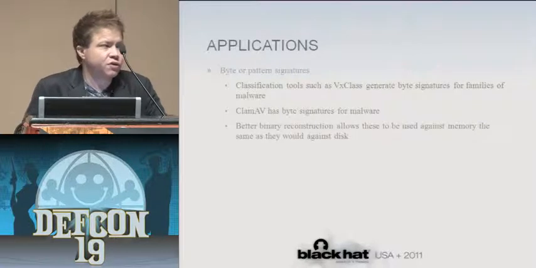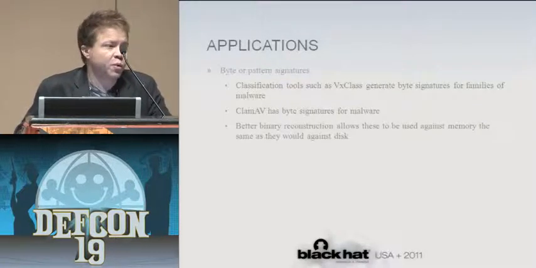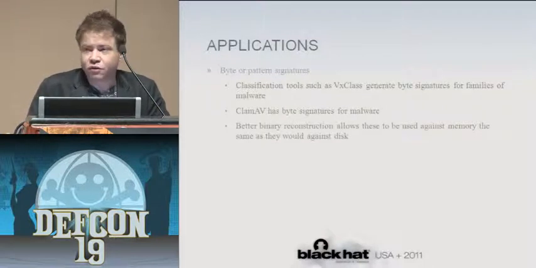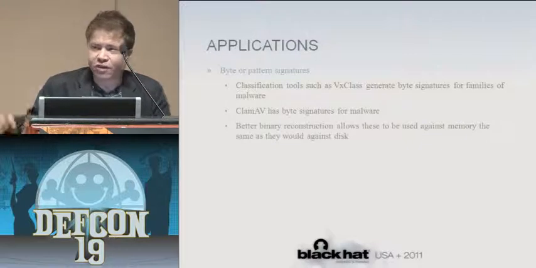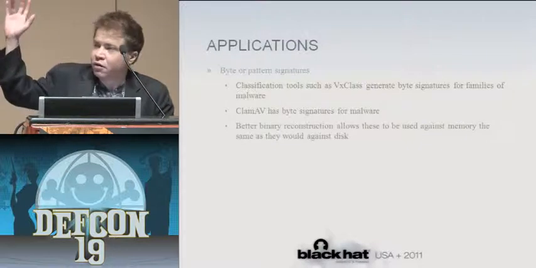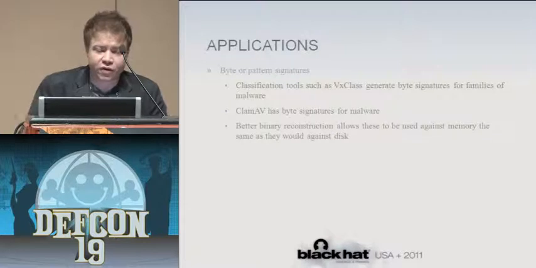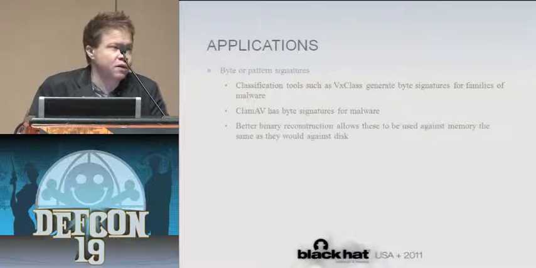We could use this to search memory, and it was fun, but we got some false negatives. By utilizing the image section objects and so forth, we no longer get the false negatives, so it's more useful to us. Also, how many people have ever used ClamAV? A large number here have heard of it and used it. ClamAV also has this concept of a byte signature match for malware.